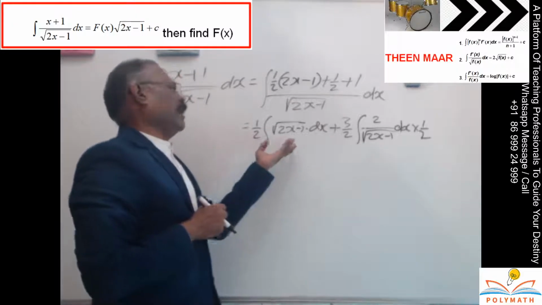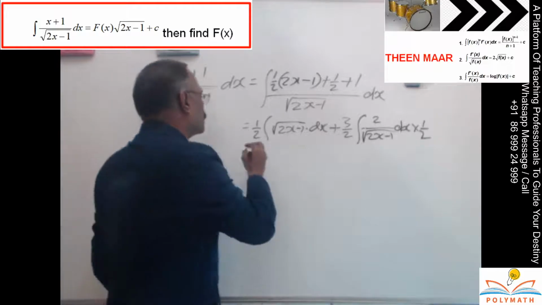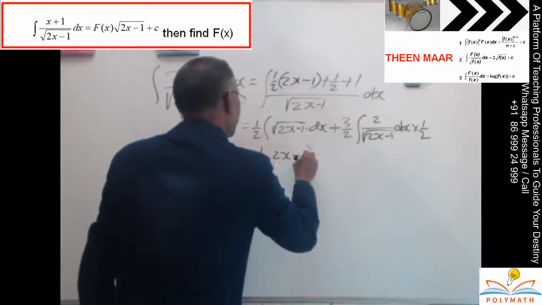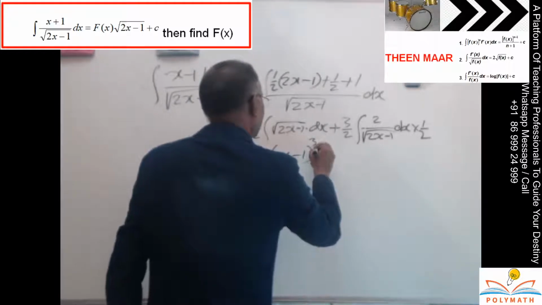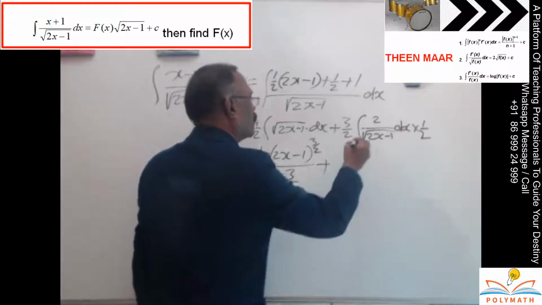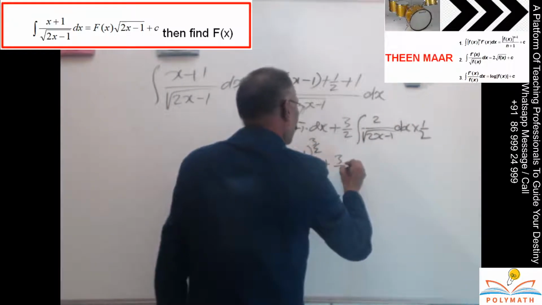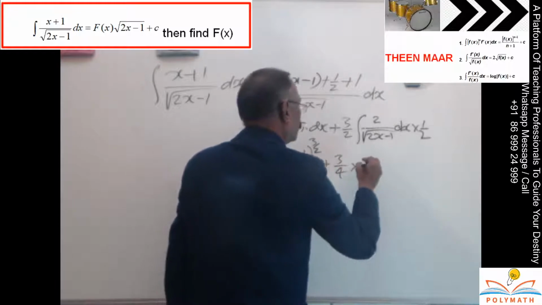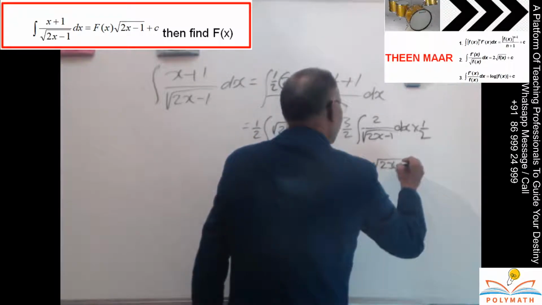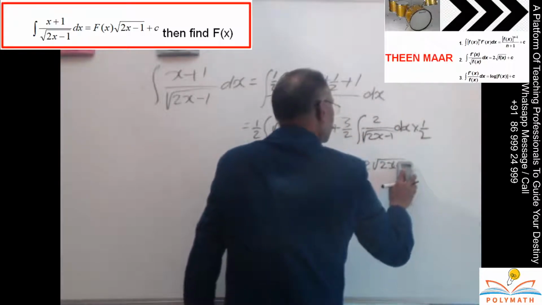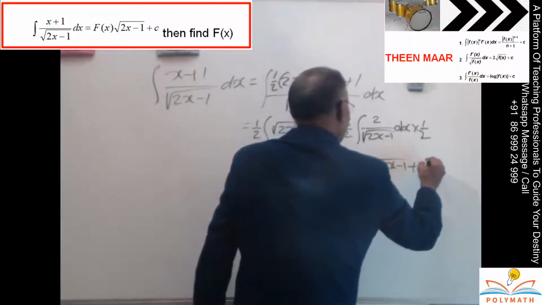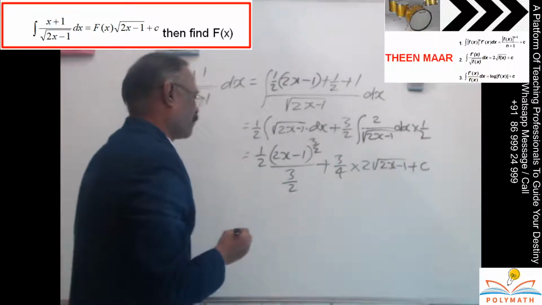And this one, anyway, it takes the form of xⁿ. So, what is the integral of xⁿ? x^(n+1)/(n+1) plus, this is 3/4 into 2 root of x, I said. Maar 2, please. 2 root 2x - 1 plus c. Just see that.